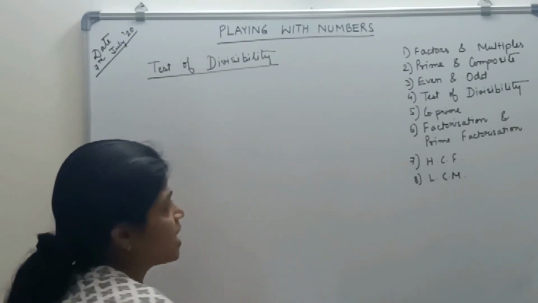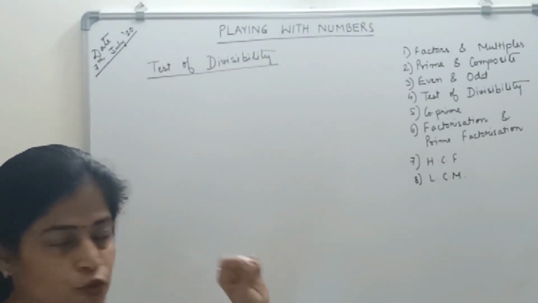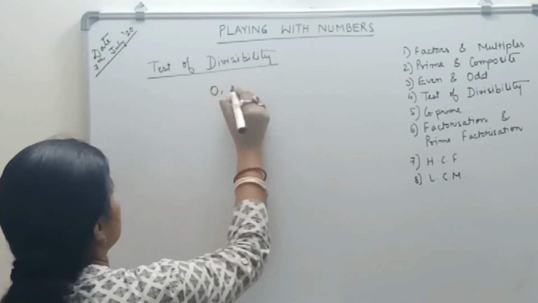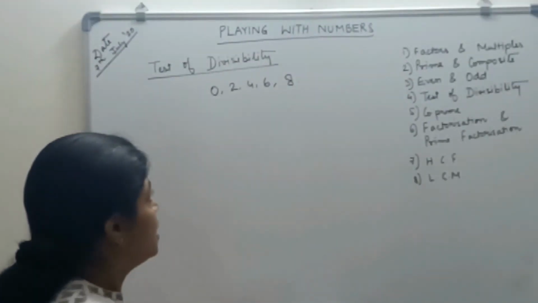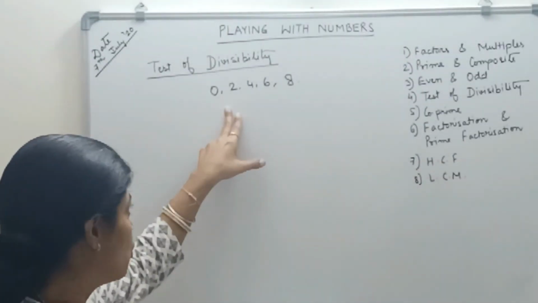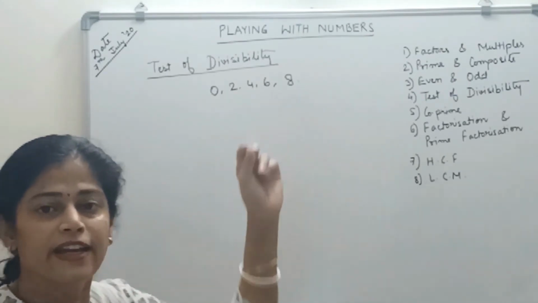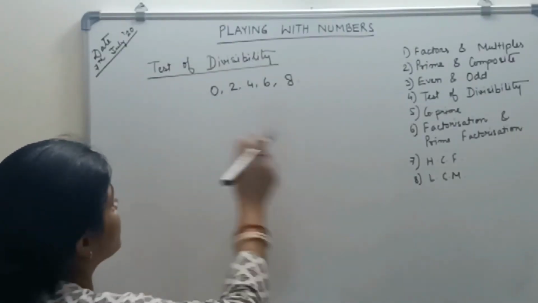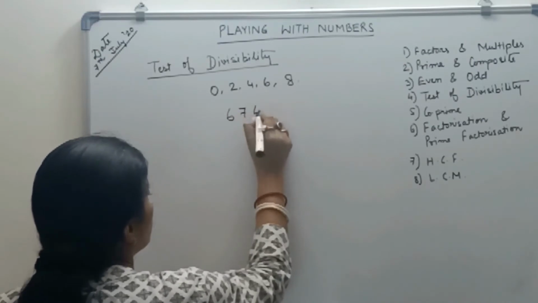So there are some tests for divisibility. How can we find out the test of divisibility of 2? If the last digit of a number is 0, 2, 4, 6 or 8, then I can directly say that this number is divisible by 2. Suppose I take the number 674.